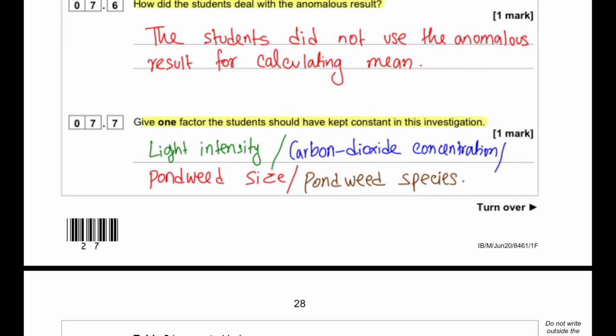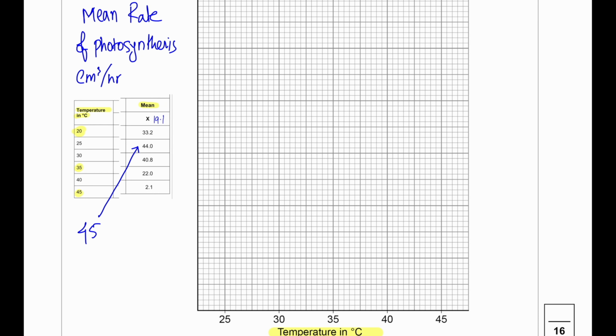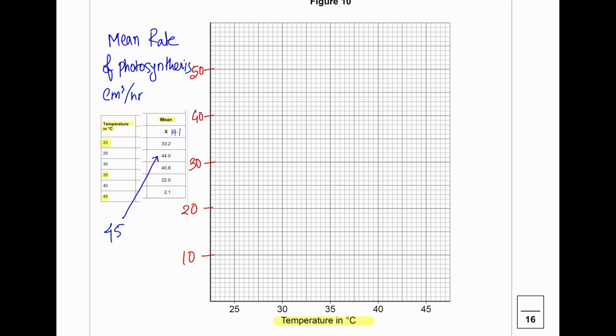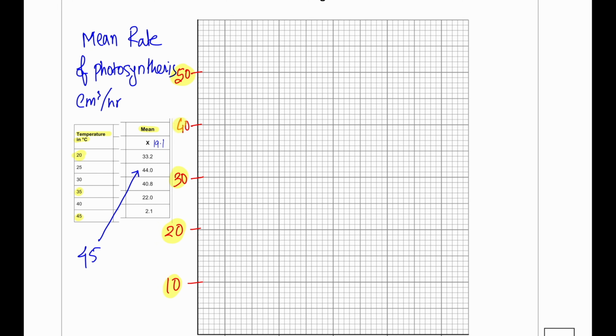And then we'll have the values. When doing the scaling, we must take into consideration that we do the scaling in such a way so that we cover at least 2/3 of the graph when drawing the graph.